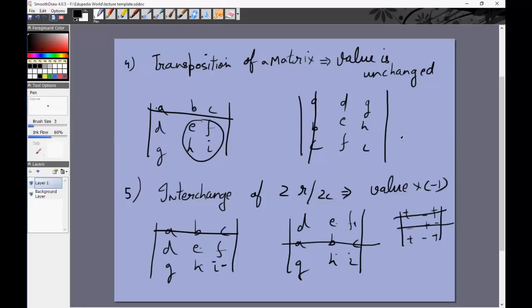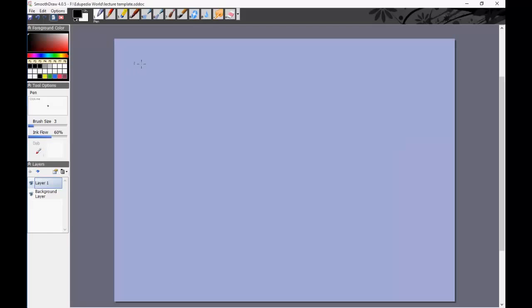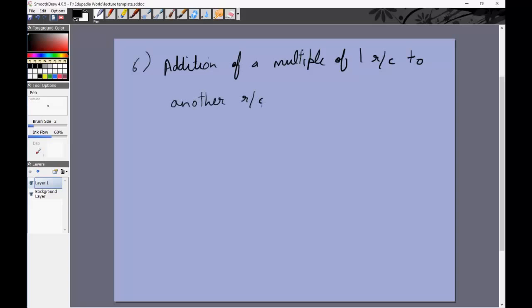Right, and the final property, addition of a multiple of one row or column to another row or column means that the value is unchanged.